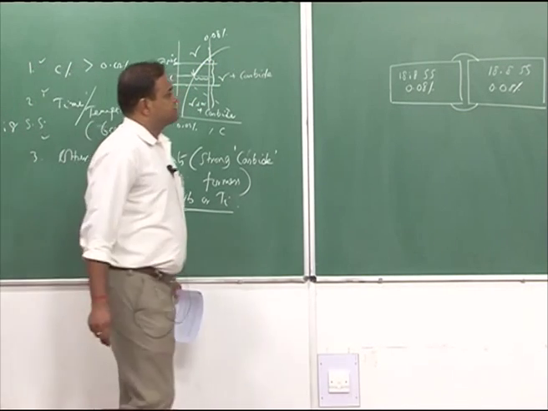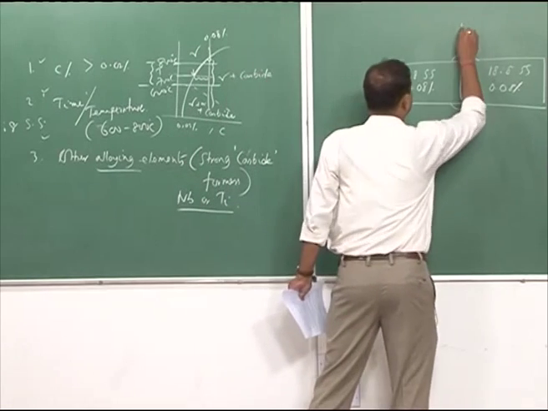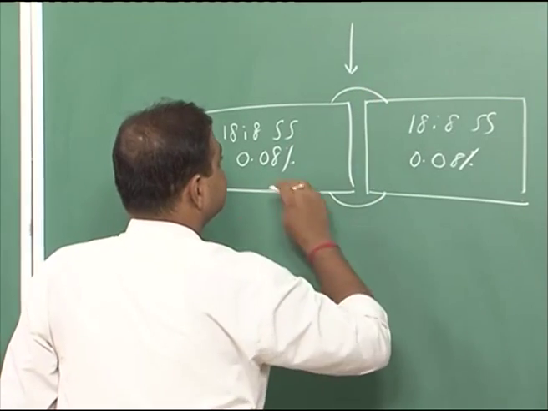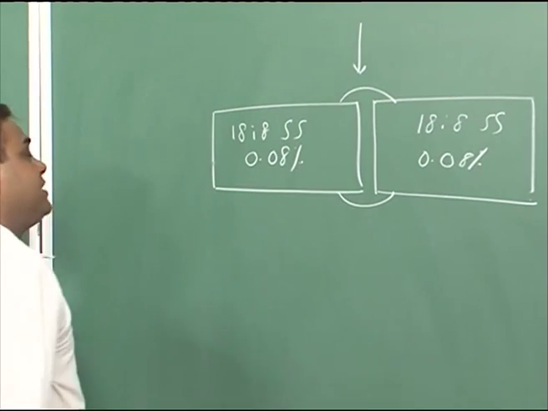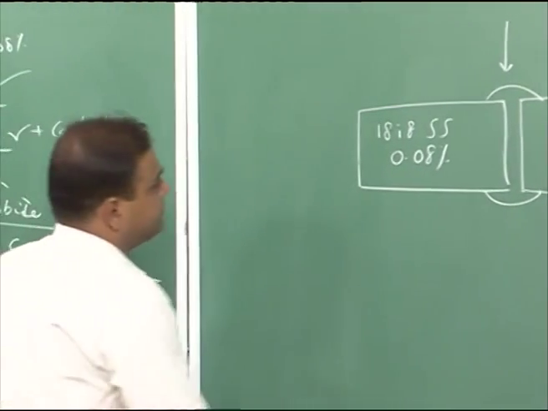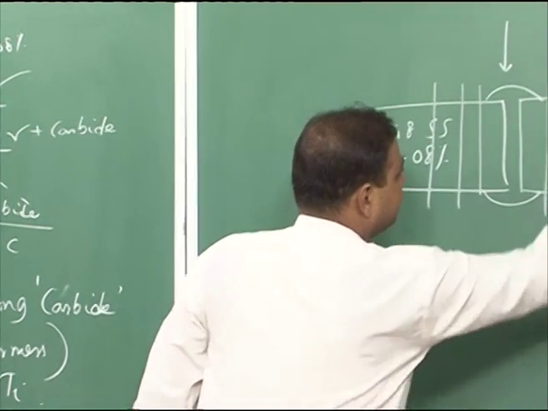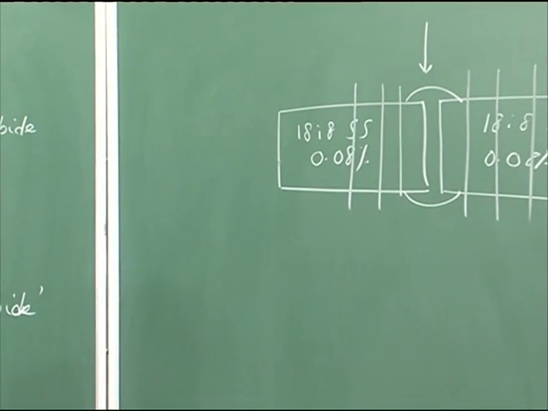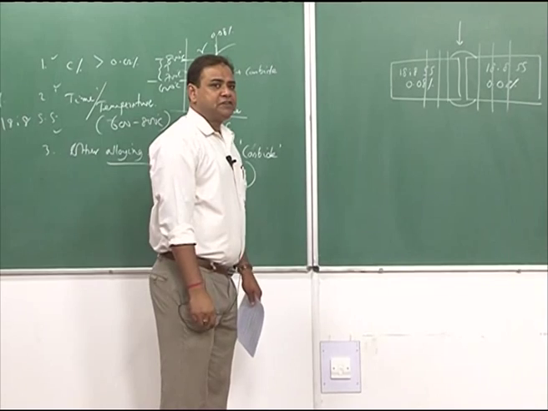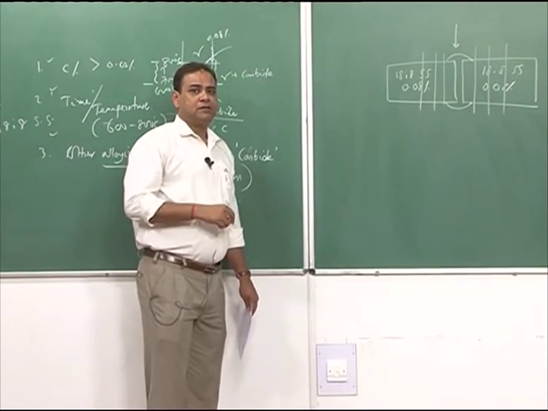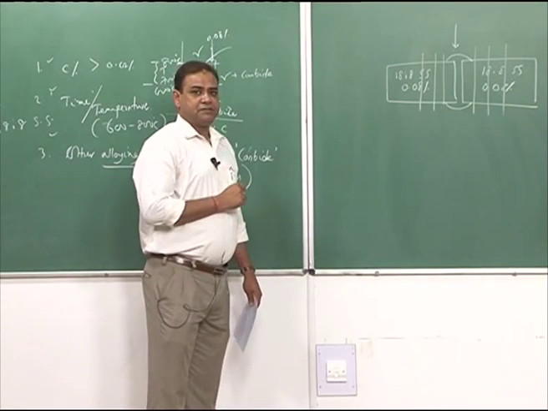Now, the point is, if we weld and take the temperature to around 1700 degrees Celsius, then we have different sections, and we can have a different temperature-time profile at different sections.